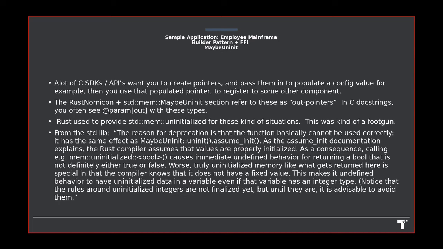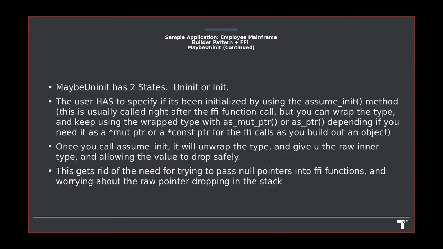Basically, what it's saying is that you could have uninitialized memory and you send it into a C function. And if it doesn't get populated, we're just taking C's word for it. What MaybeUninit does is it gives you two states, uninit or init, and it puts the responsibility on the user that it's been initialized.